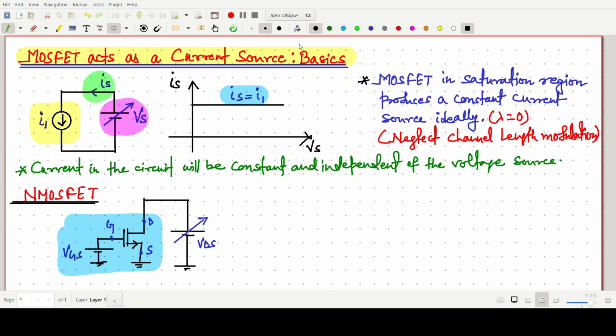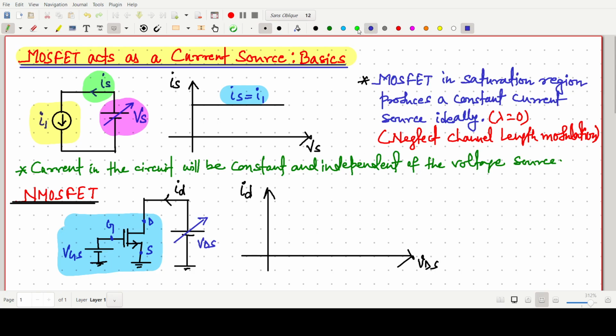So as we know, the ID versus VDS characteristics that I am going to draw, we can say this one is our ID. Say this current is our drain current, so I am writing ID, and this one is our VDS.